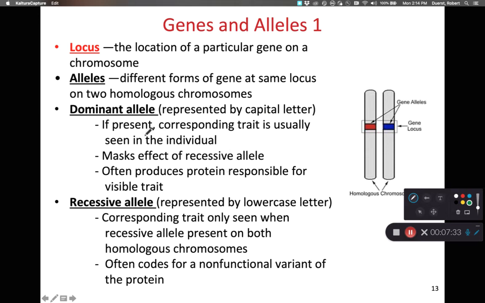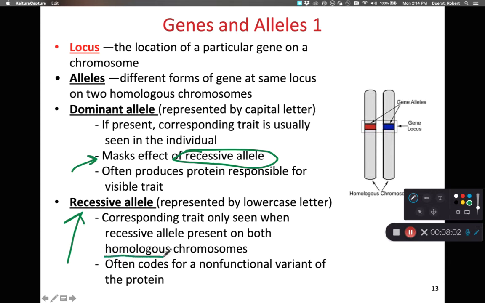As we look at the dominant allele, that dominant allele is almost always going to cover up the effects of the recessive allele. So if somebody inherits one dominant and one recessive allele from mom and dad, only the dominant allele trait is typically going to be displayed. The only way we can see a recessive allele's trait is if an individual inherits a recessive allele from mom and a recessive allele from dad.